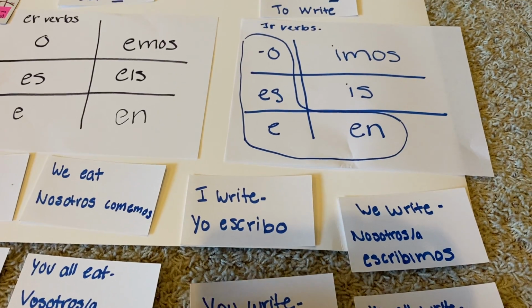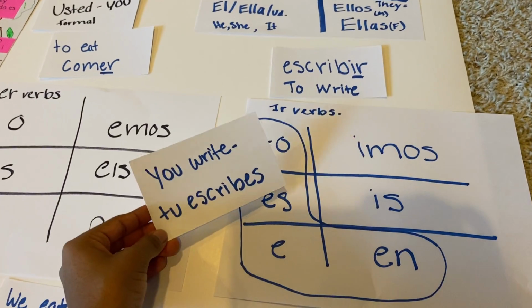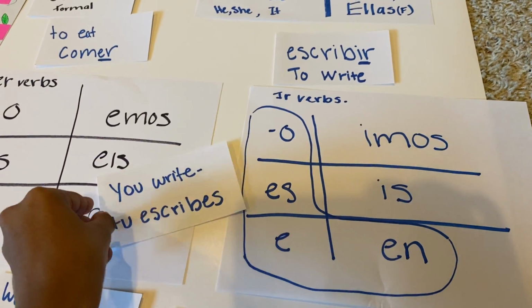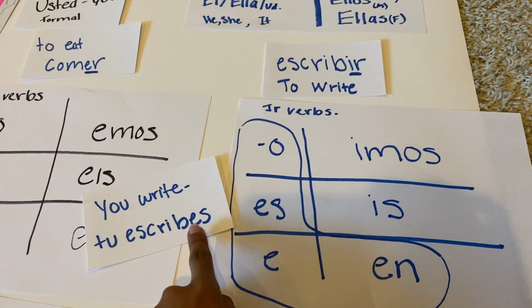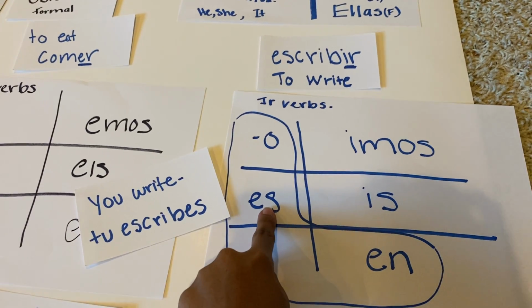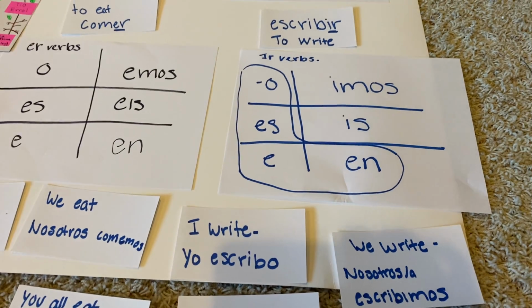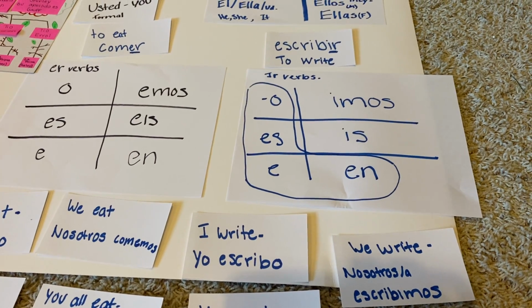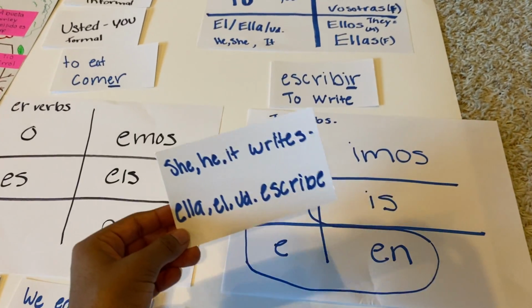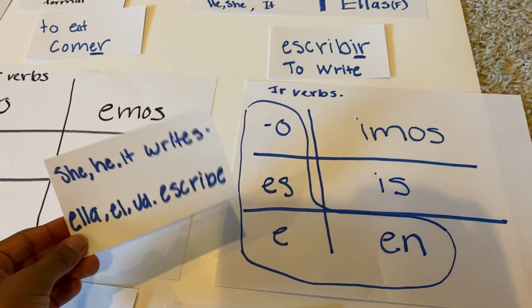For you write, we say tú escribes. We drop the IR and we replace it with ES. To say she, he, it writes, ella, él, usted escribe.